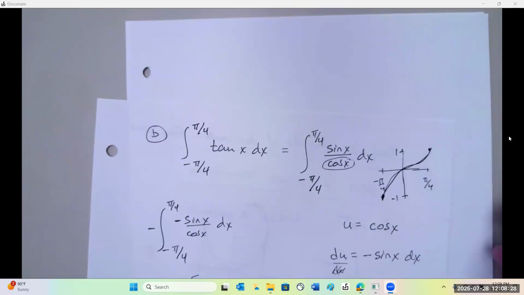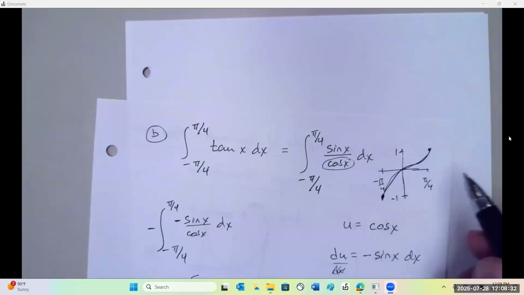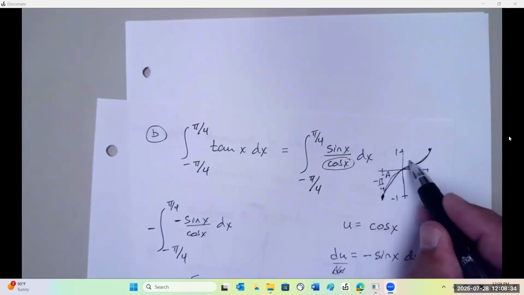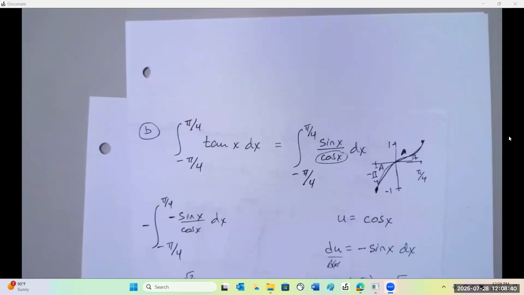Its period is pi over 2, but we're just taking it from negative pi over 4 to pi over 4. So we know that this area is negative, this area here is positive, so it's going to cancel out. Again, if you know what the graph's going to look like, it'll help you do all these things even faster. So that's why understanding the graphs is muy importante.